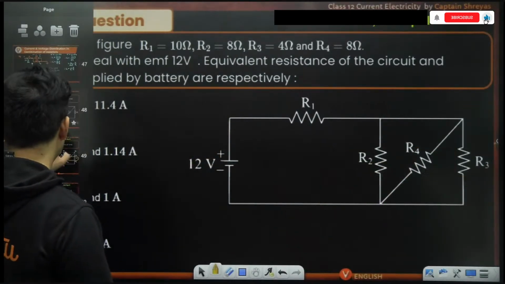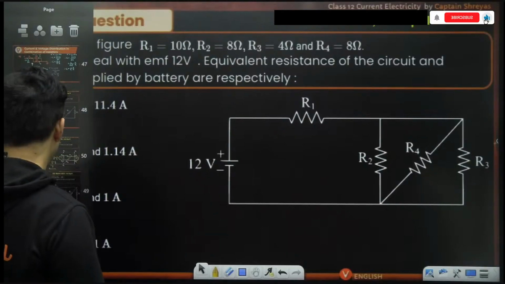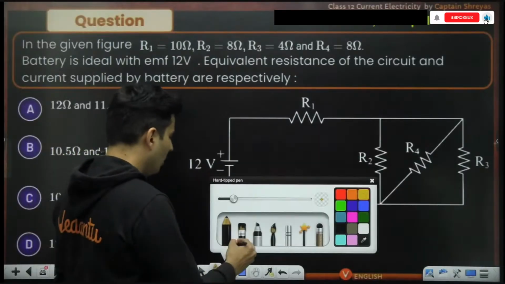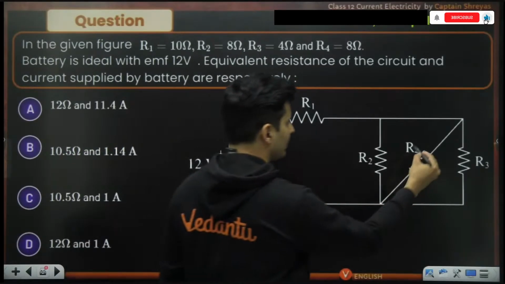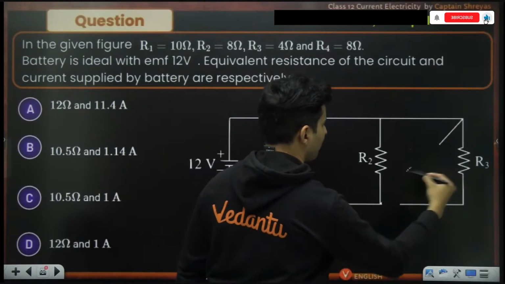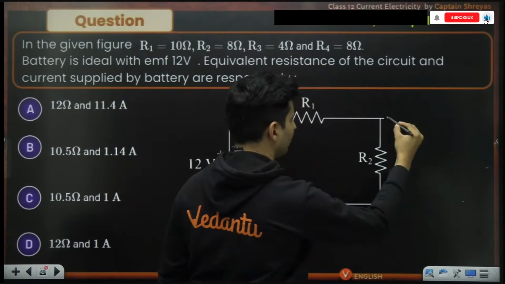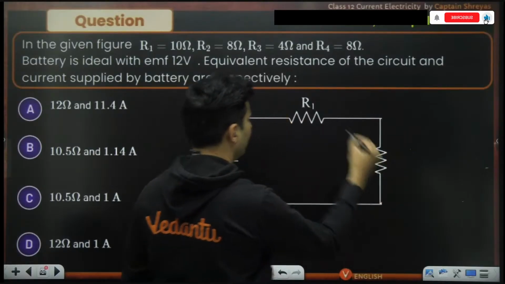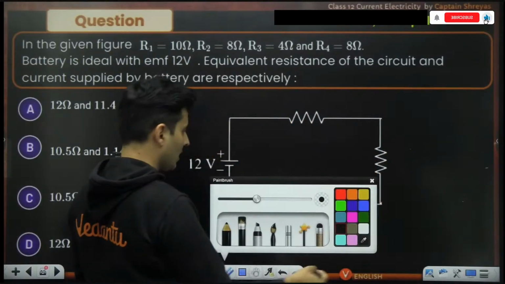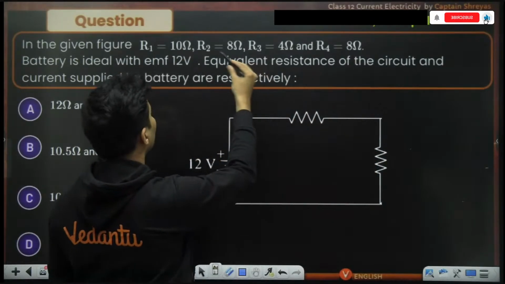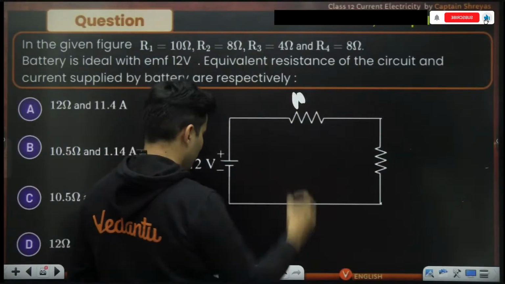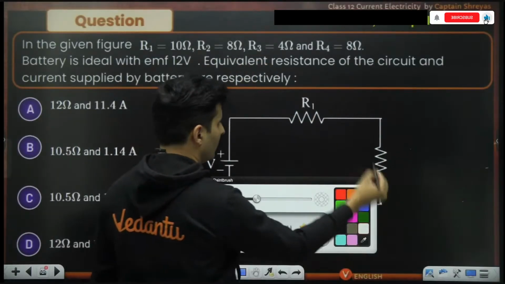So, what we can do is we can get rid of all these three resistors in total, and then we can say, listen, this was R1, right?